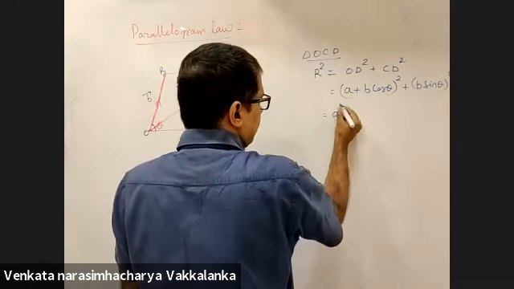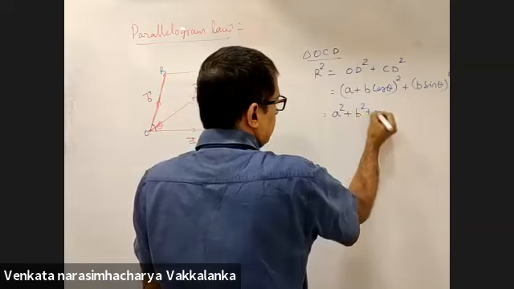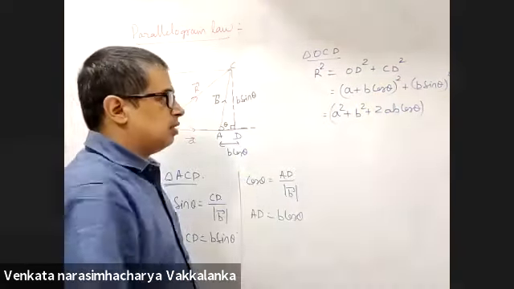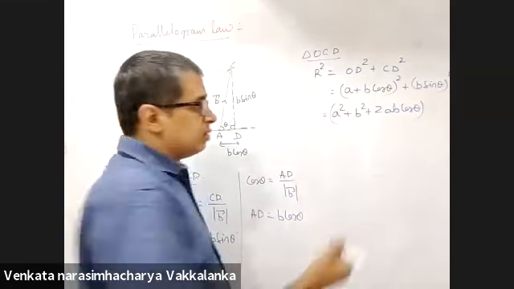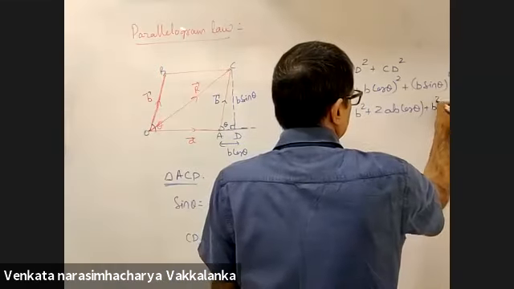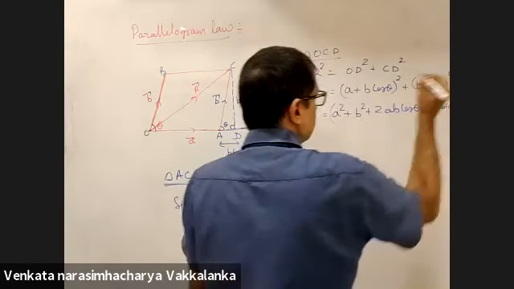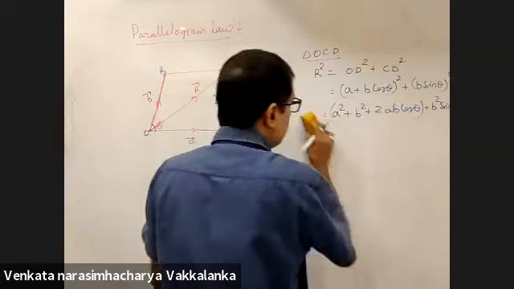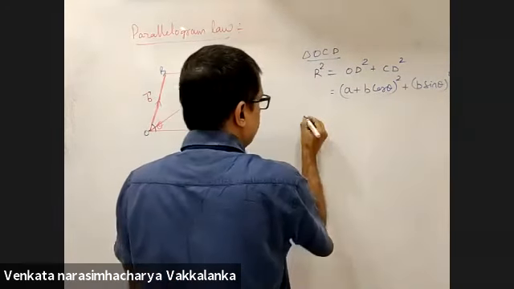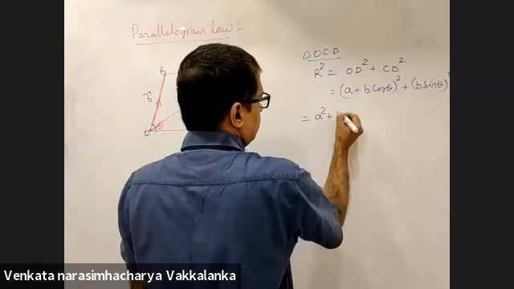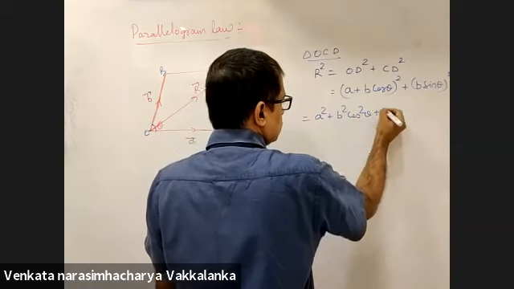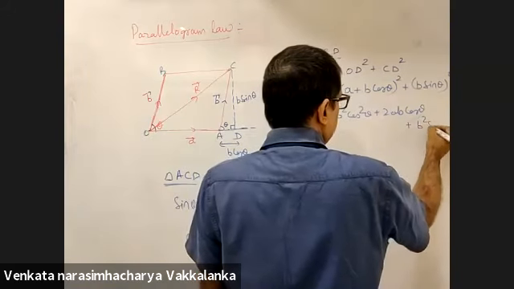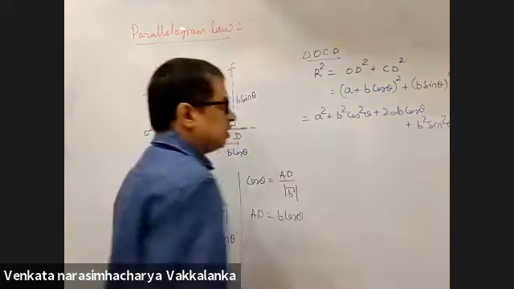Open up this bracket. A square plus B square cos square theta plus 2AB cos theta, plus B square sin square theta.